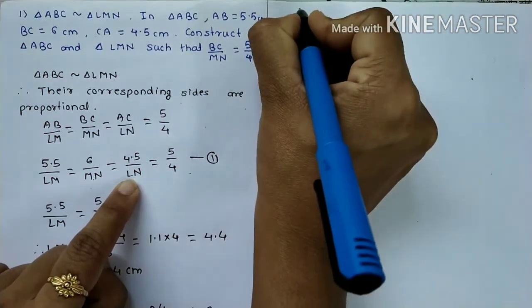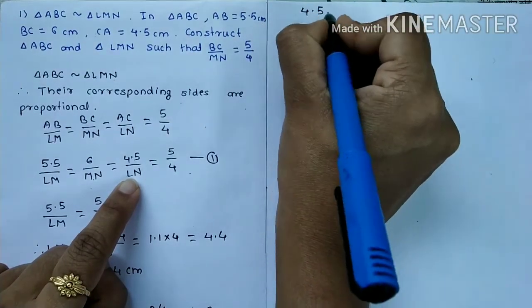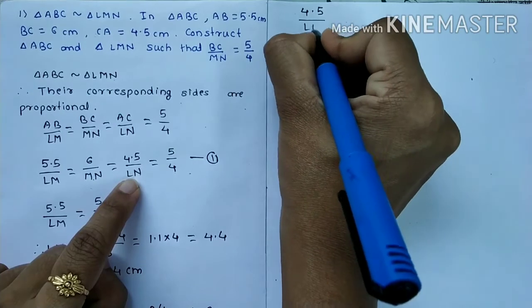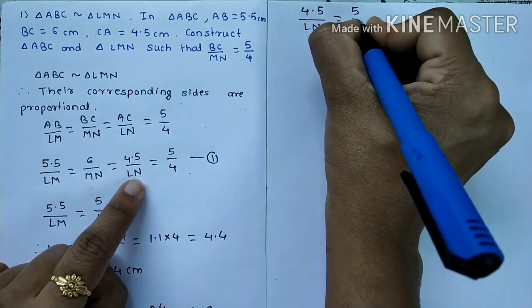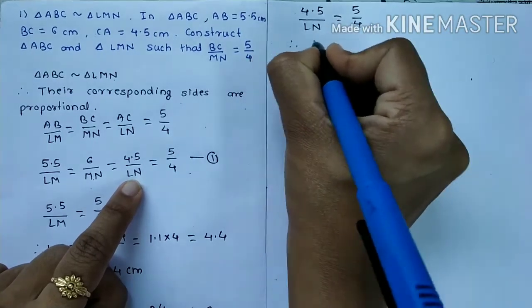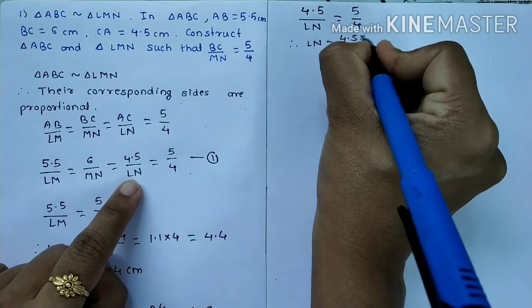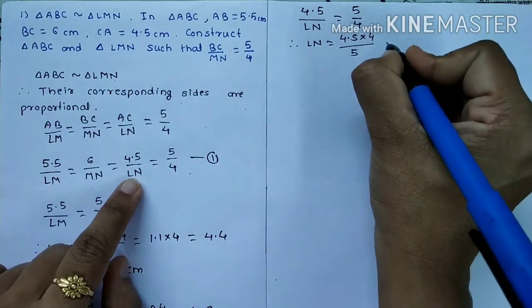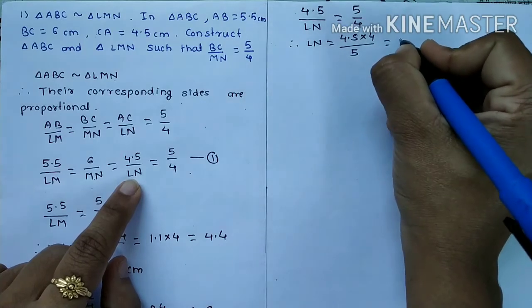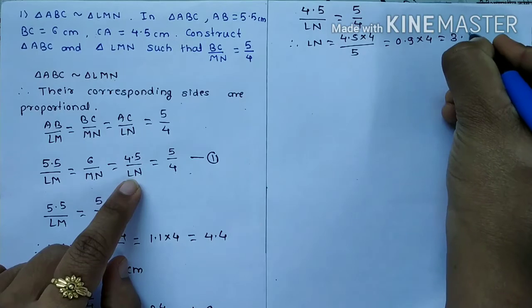Now we have to find length of LN by using these two terms. Therefore write 4.5 upon LN equal to 5 upon 4. Therefore LN equal to 4.5 into 4 divided by 5, which is equal to 0.9 into 4 equal to 3.6.